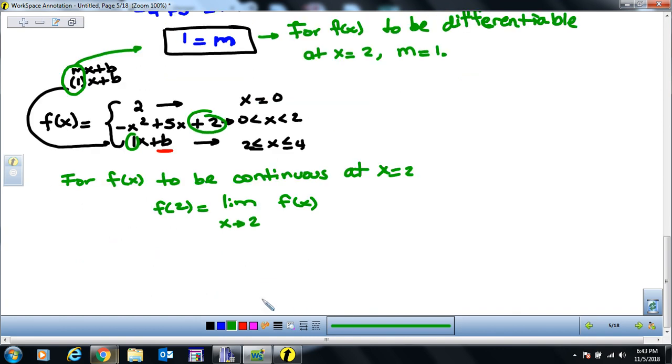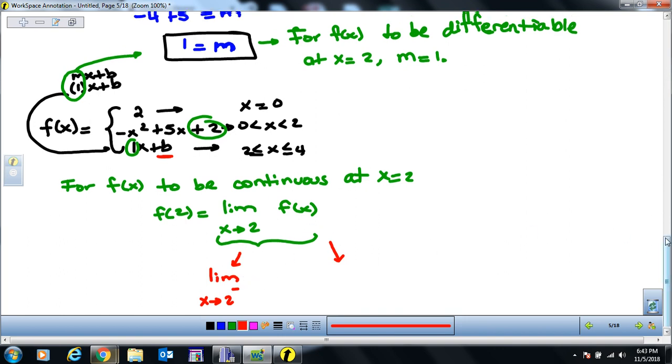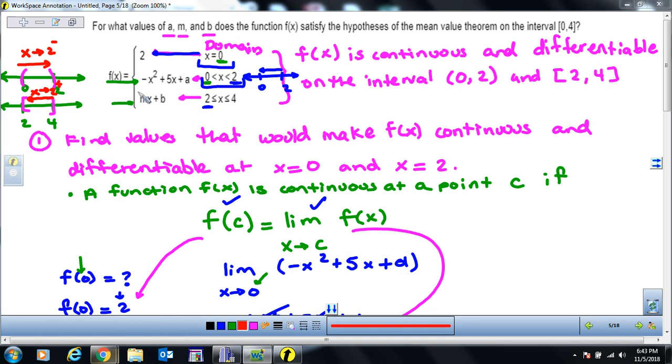So to do this, I have to do the limit from both sides, in reality, right? So what is the limit as x approaches 2 from the left side of f of x? And what's f of x? Well, the functions that we are looking for right now are going to be this one and this one.